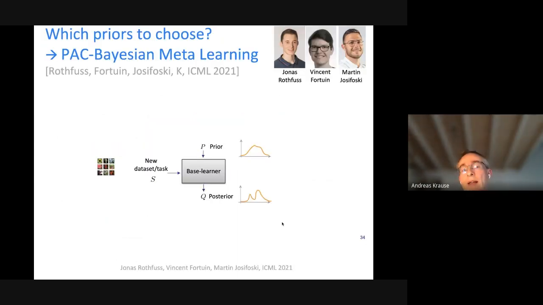Of course, so far, we have just assumed that we have a prior distribution over this unknown function. For some applications, like certain robotics applications, it is sometimes possible to come up with a meaningful, semi-well-informed prior, for example, based on some first principle physics knowledge about the underlying system.